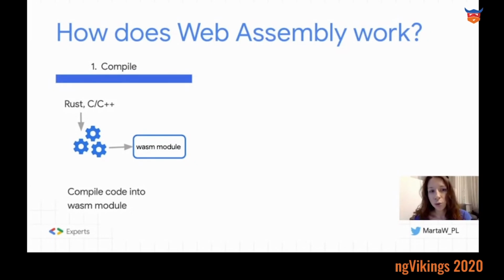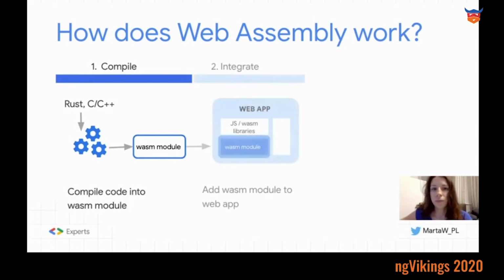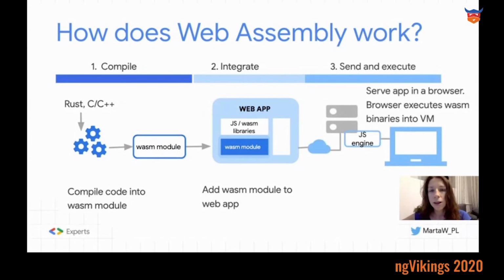This code we need to compile into a WASM module, and the module will be added to your web app. We will integrate it with JavaScript. The last phase is sending and executing. So we will serve it up in a browser that supports WebAssembly, and this browser will execute WASM binaries in a virtual machine.